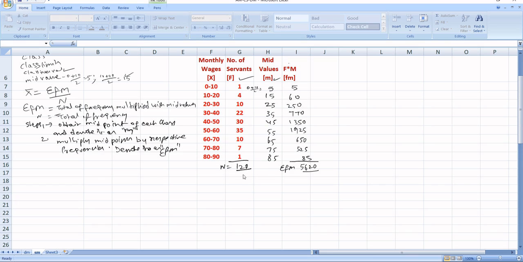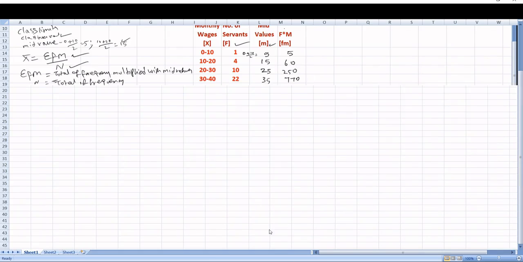Now my dear students, you got n, isn't it? And you also got summation fm. So next step is you have to apply formula. What is the formula? Arithmetic mean is equal to summation fm by n.